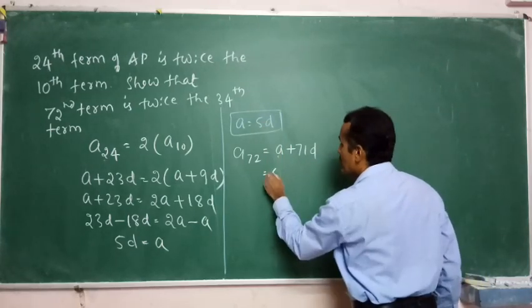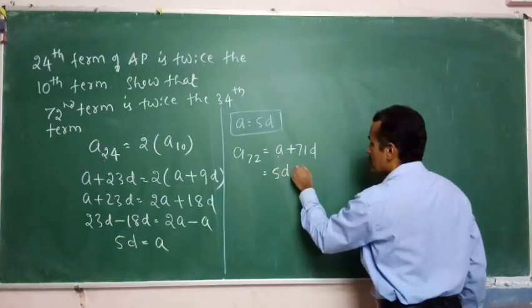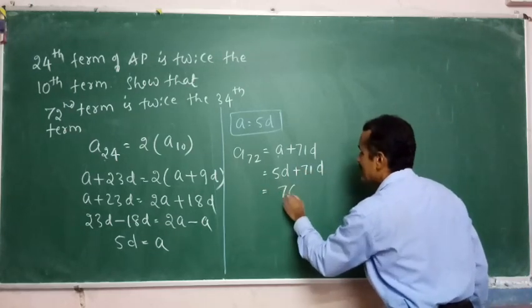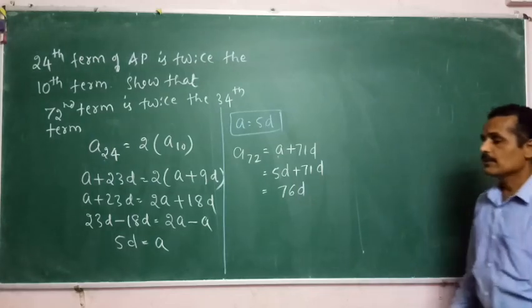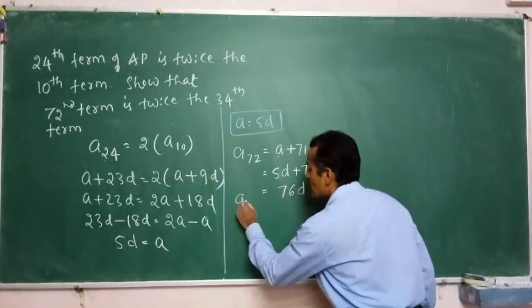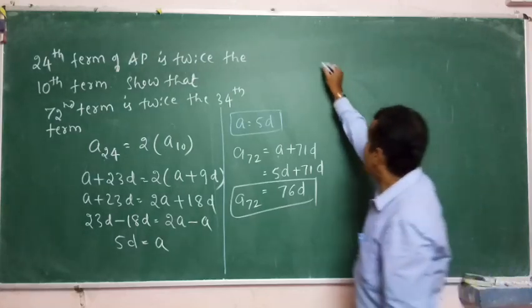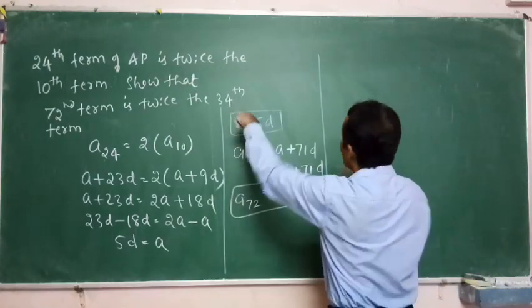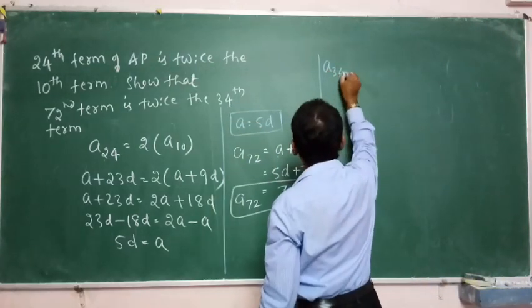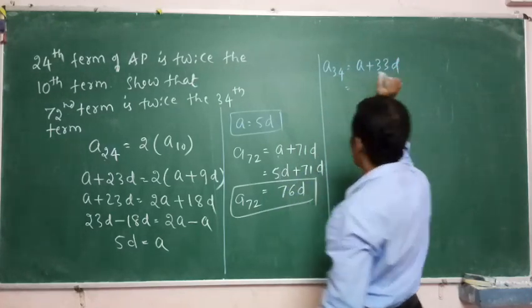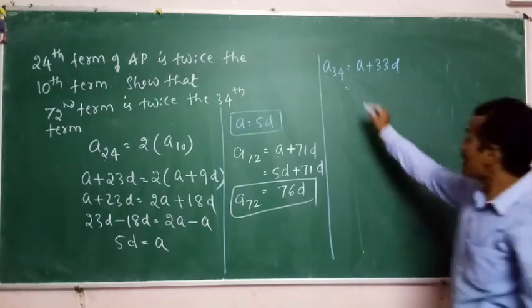A means 5D plus 71D. The answer gives you 76D. So A72 is equal to 76D. Let me go for the next, A34. A plus 33D. What is A?